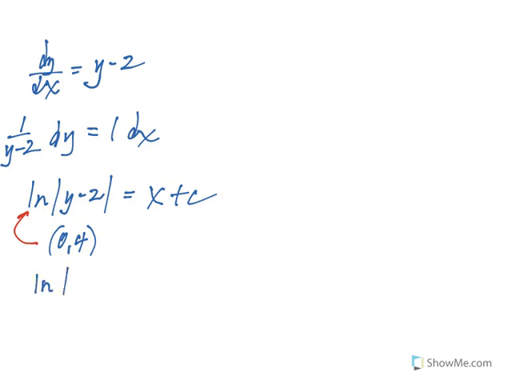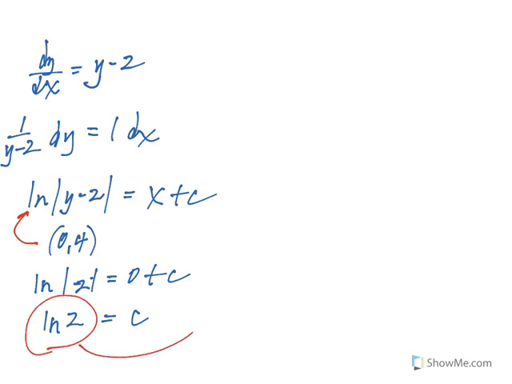That's the natural log of the absolute value of 2 is equal to 0 plus c, which means my c is equal to the natural log of 2. I can now plug it back into my integrated equation. Now if I want to solve for y, I'm going to bring e to the other side.